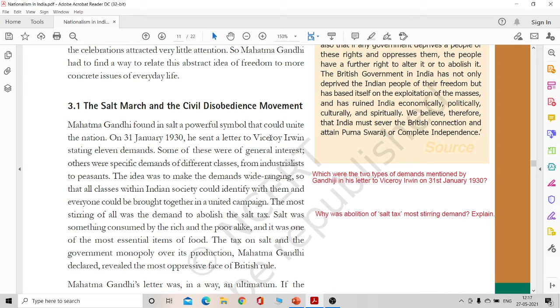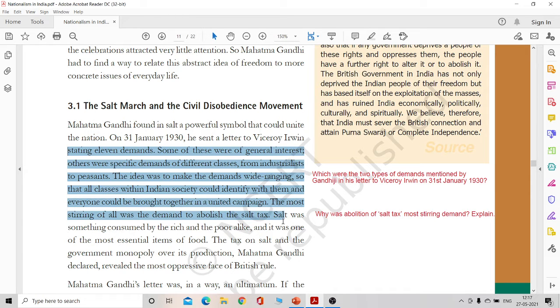So here you can definitely say that there were 11 demands, 11 points that he wanted. Specifically, the idea was for everyone to reduce the salt tax, right?